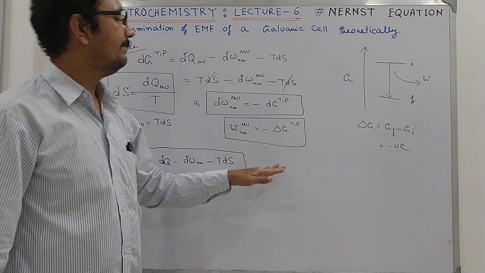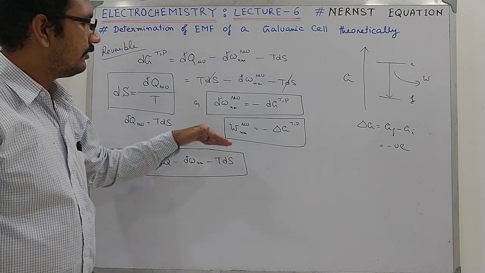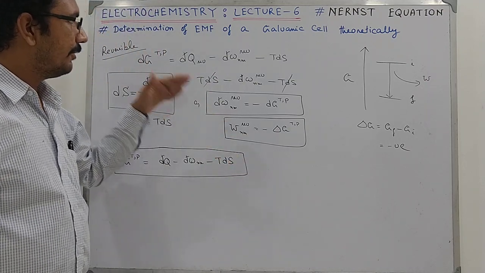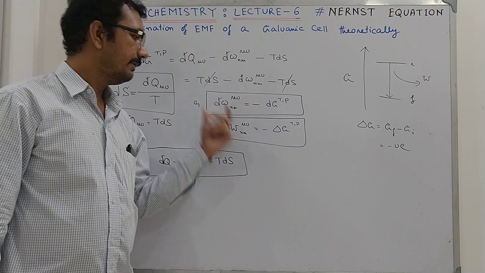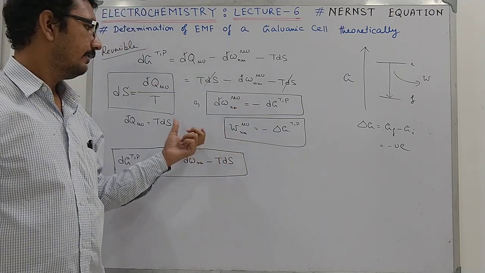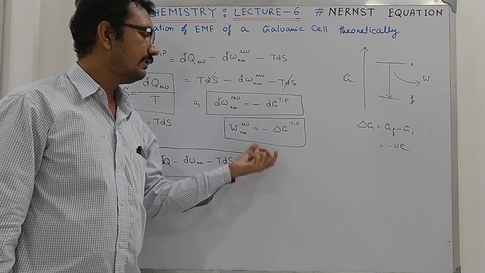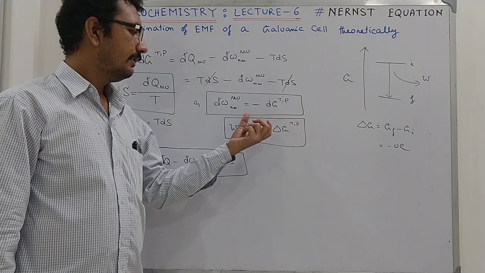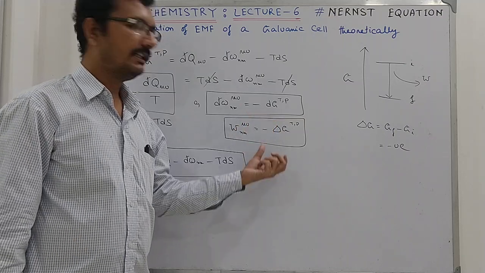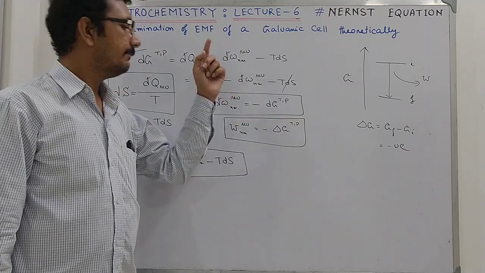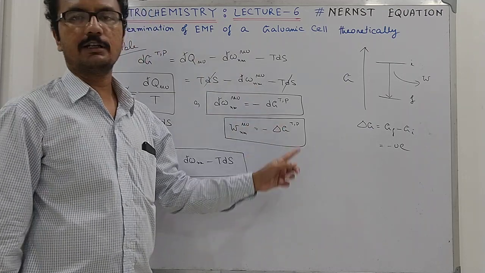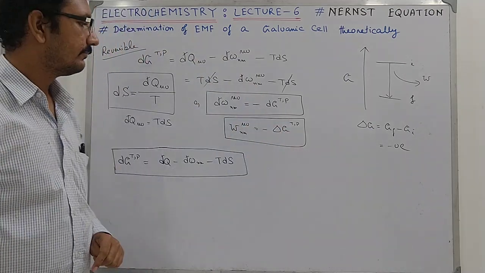So this is the message. In conclusion, the amount of electrical work that can be obtained from a galvanic cell reversibly is equal to the change in the Gibbs free energy of the reaction occurring in the galvanic cell under constant temperature and pressure.